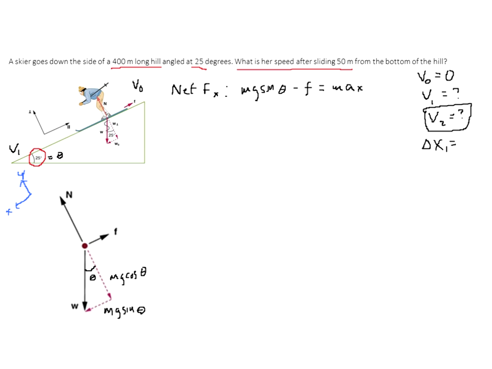We're going to have a displacement on the hill equal to 400 meters. We're going to have a displacement at the bottom that's 50 meters. That just comes from that right there.